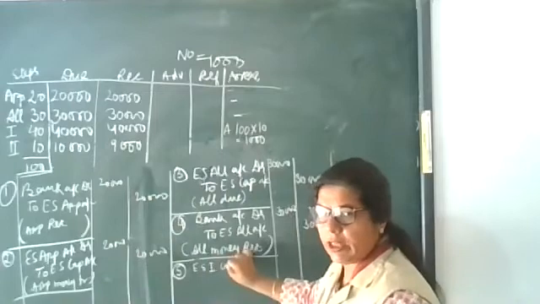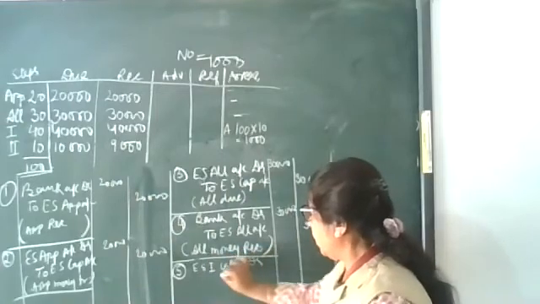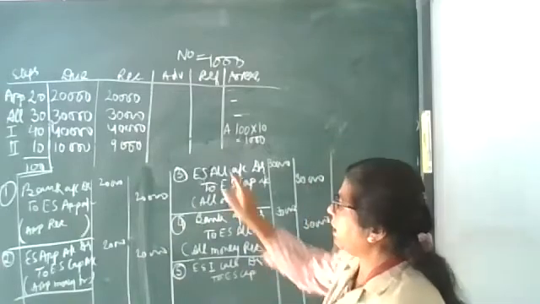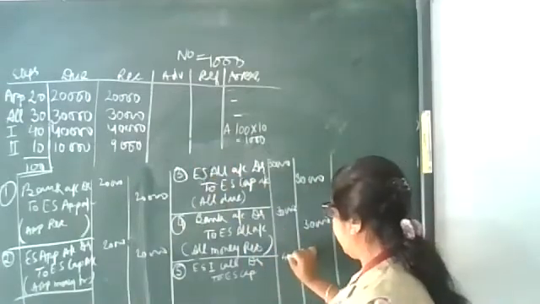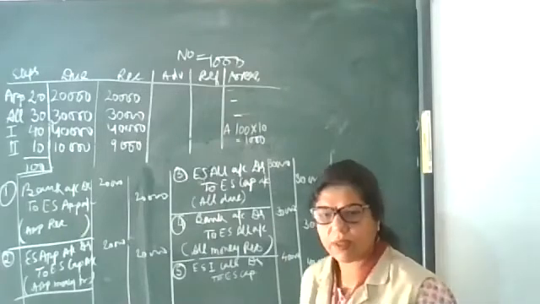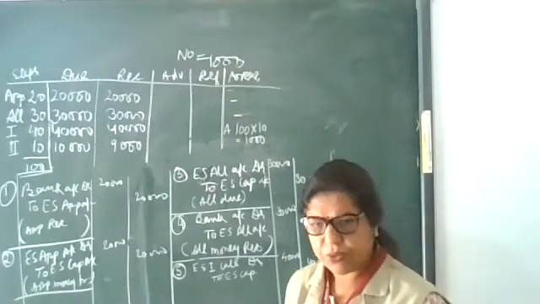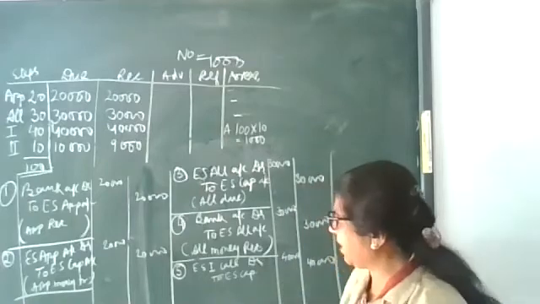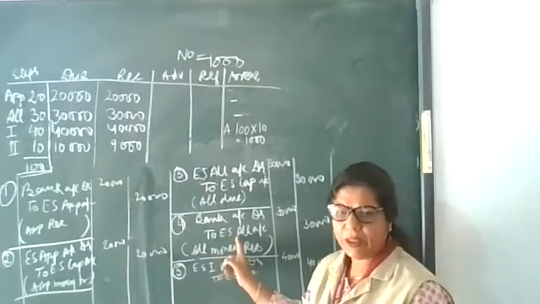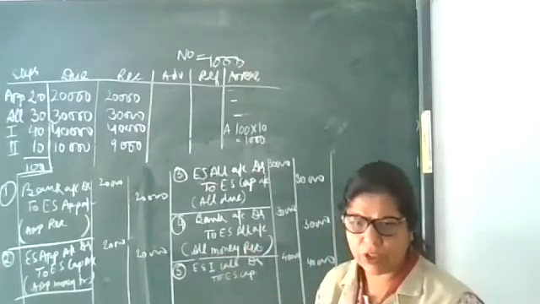ES first call debit to ES capital, 40,000, first call due. Now the next entry will be the same. In place of allotment, you will write first call.